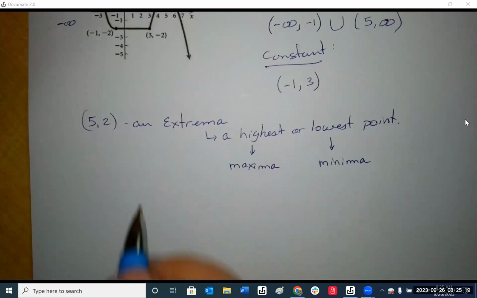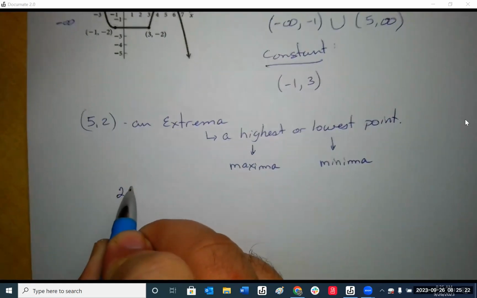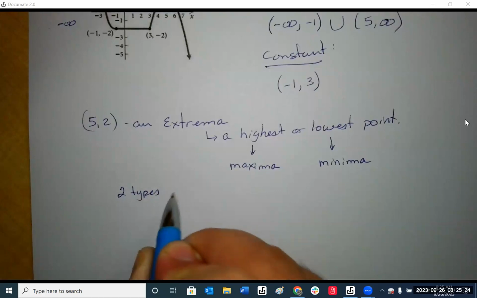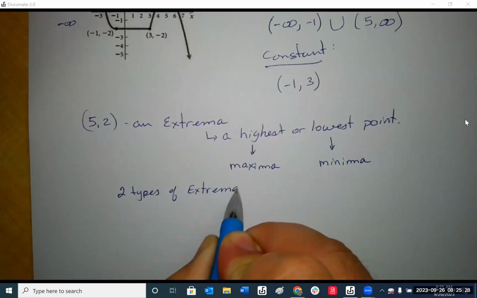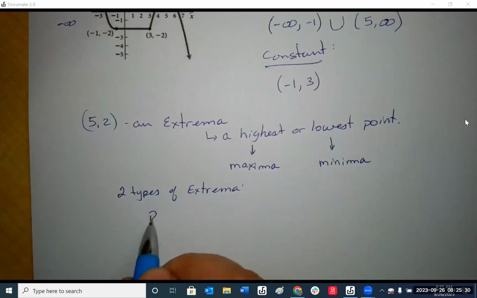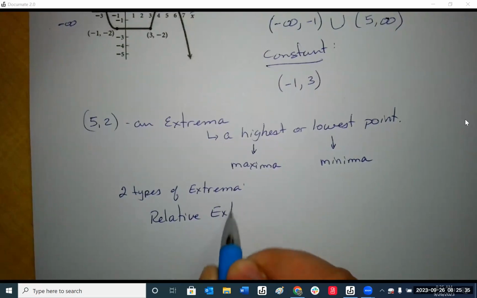So there are two types of extrema. There is relative extrema.